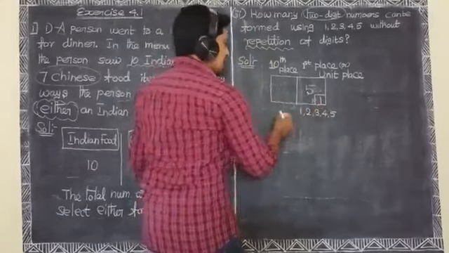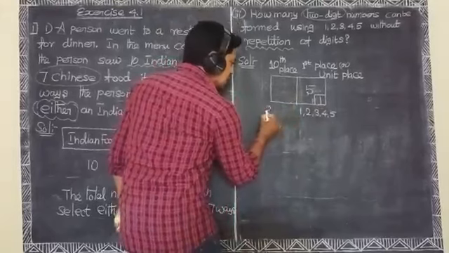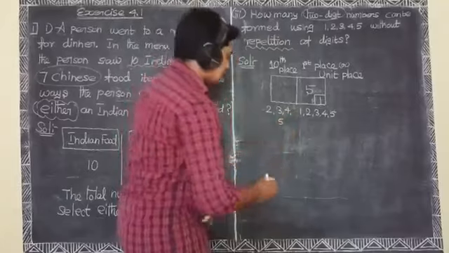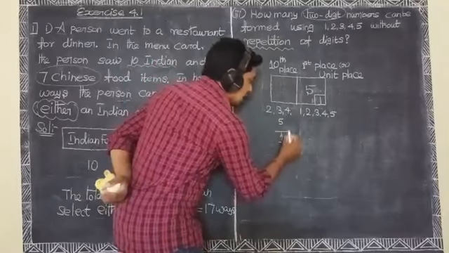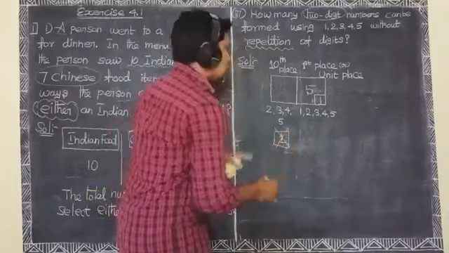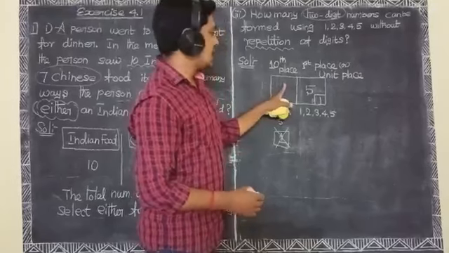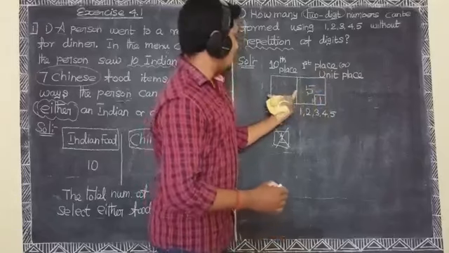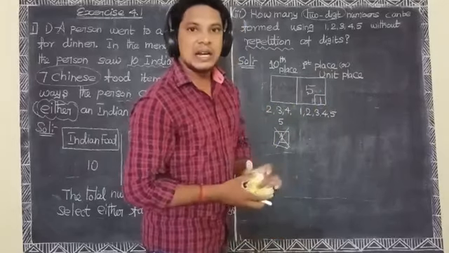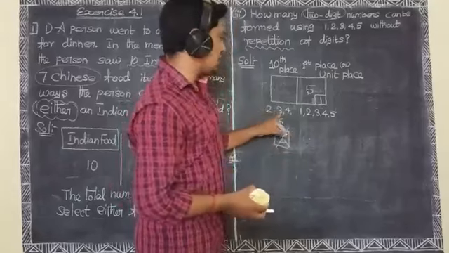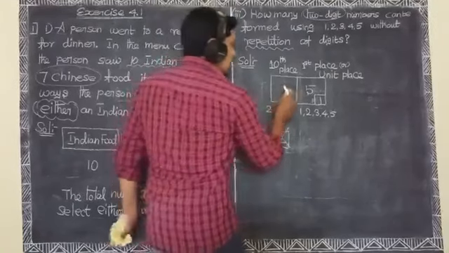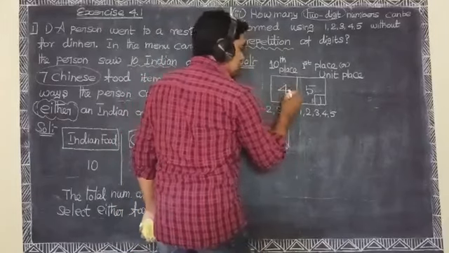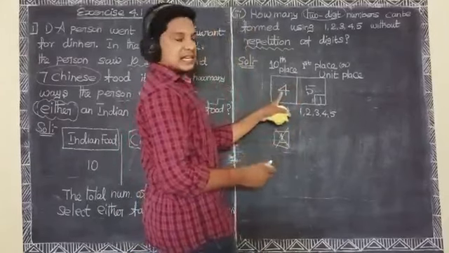Here the only possibilities are 2, 3, 4, 5, because the number 1 is not allowed in the 10th place, since 1 is used in the unit place. So the 10th place is allowed the remaining 4 digits, that is 2, 3, 4, 5. Here the number of possible ways is 4.